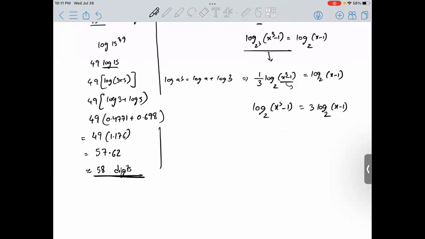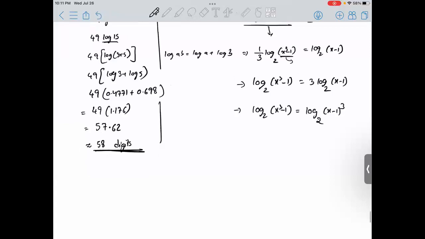Did you get this? Now log 2 x cube minus 1 is equal to log x minus 1 whole cube to the base 2. Now if you bring it to one side, log x cube minus 1 to the base 2 minus log x minus 1 whole cube to the base 2 equal to 0.